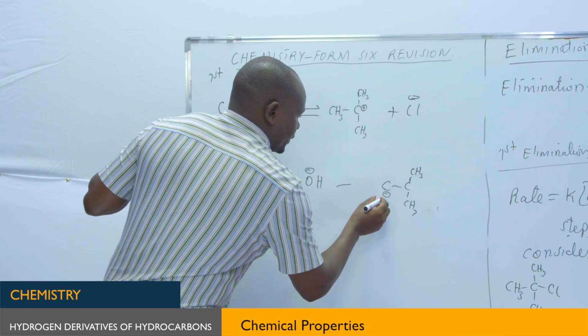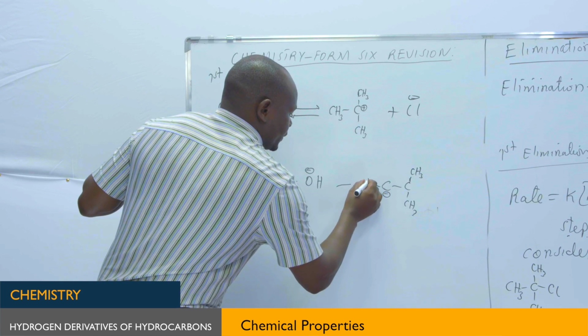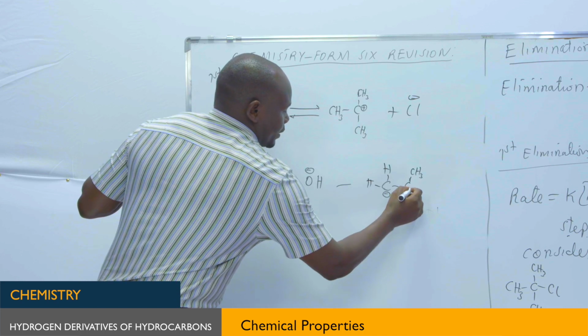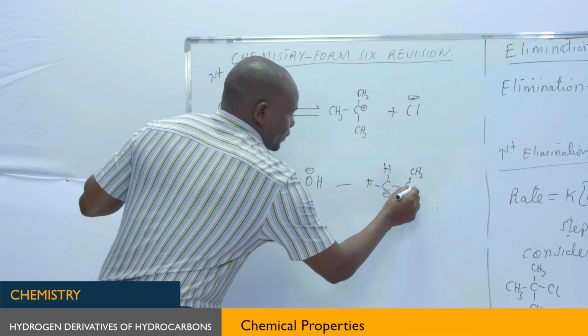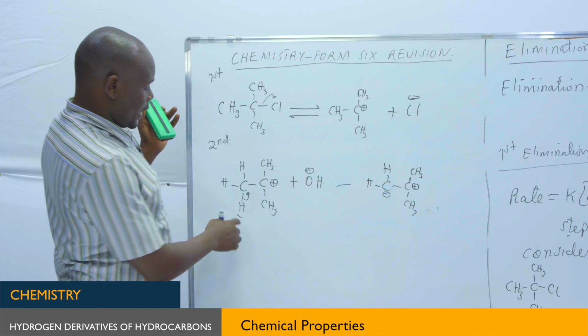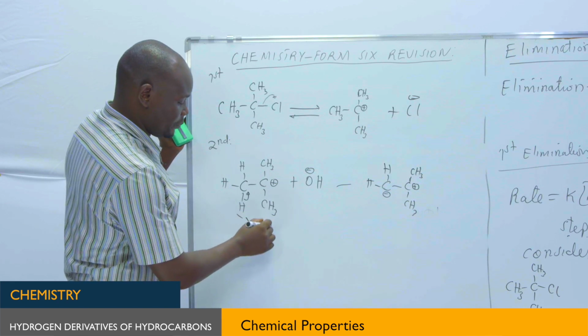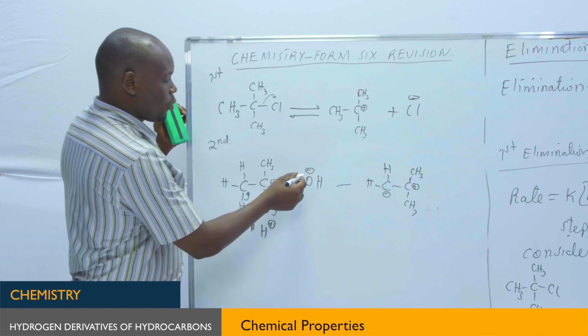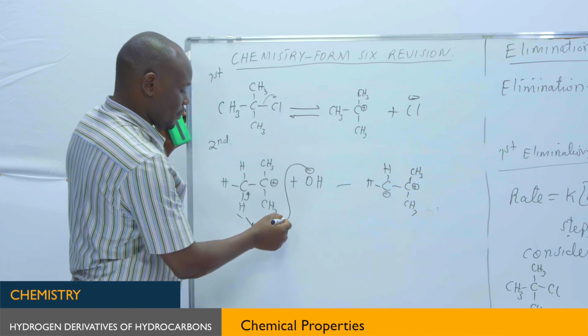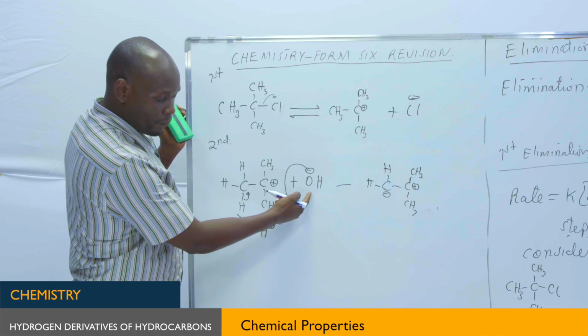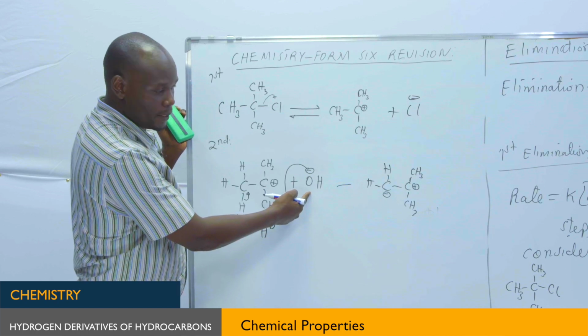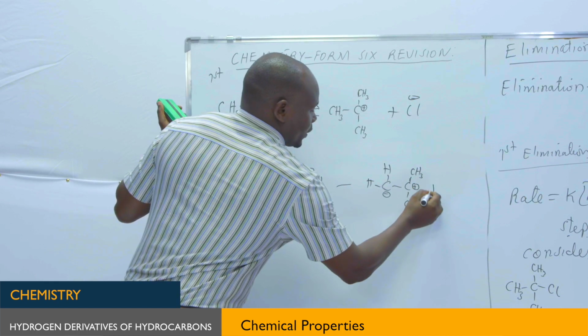and this carbon here is negative but having hydrogen, and this carbon is positively charged. The hydrogen released here, as a positively charged ion, will combine with the hydroxide released from potassium hydroxide to form water molecules.